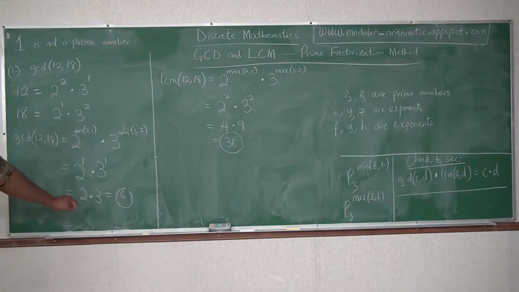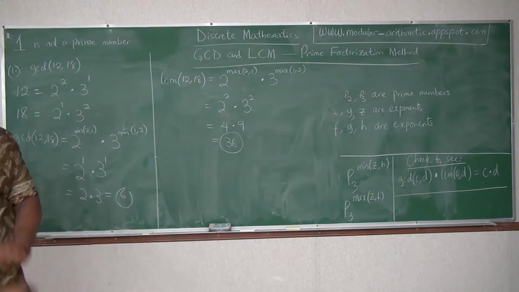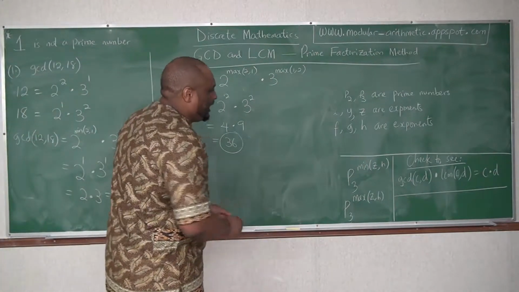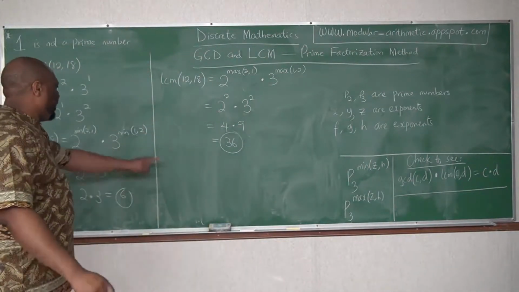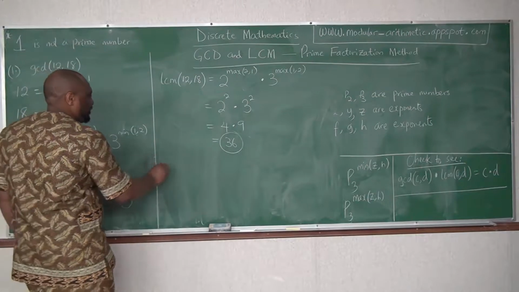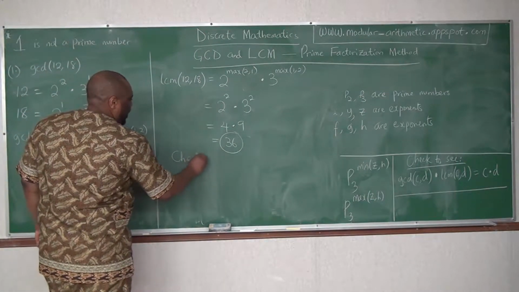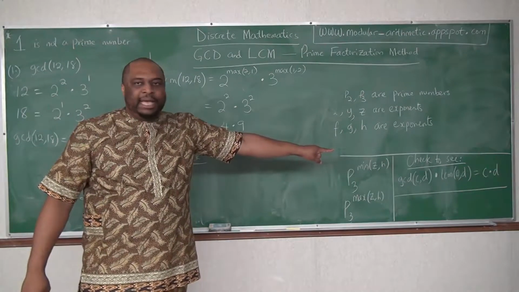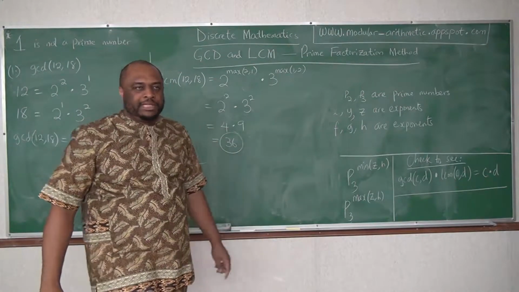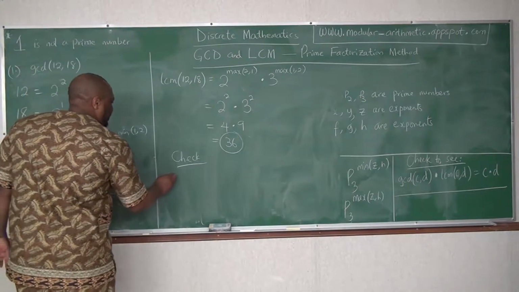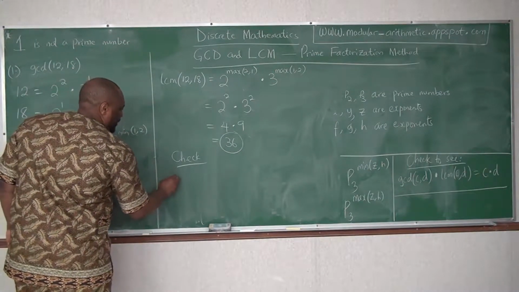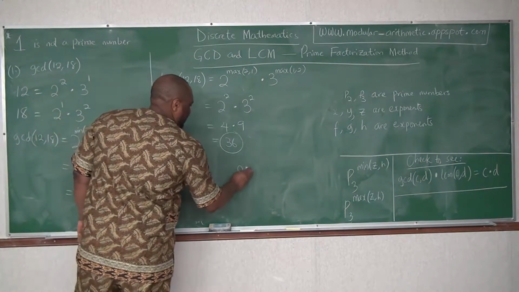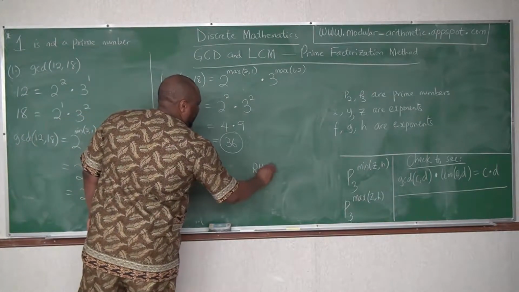LCD, that's when you're dealing with fractions. Okay? And then guess what? If you want to check this, like I said, GCD times LCM gives you the product of those numbers. So let's check the left-hand side and the right-hand side.